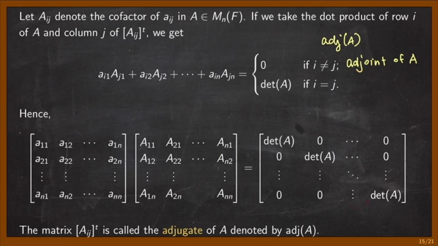So I would like to use the adjugate instead of the adjoint. So this matrix is called the adjugate or the adjoint of A, denoted by adj A.